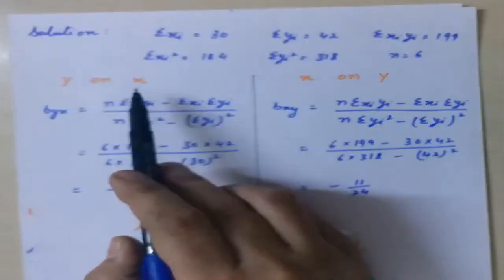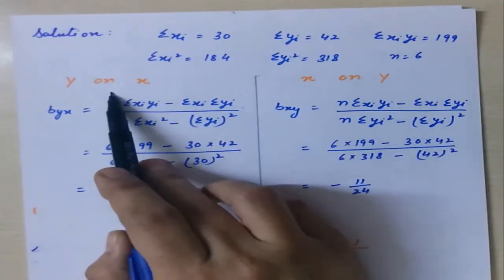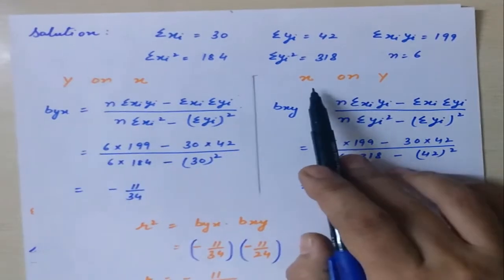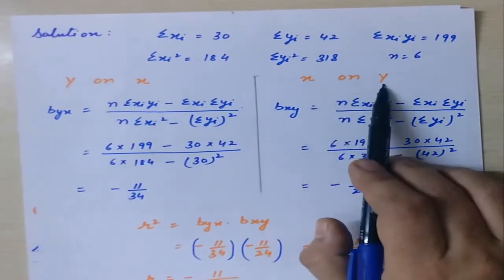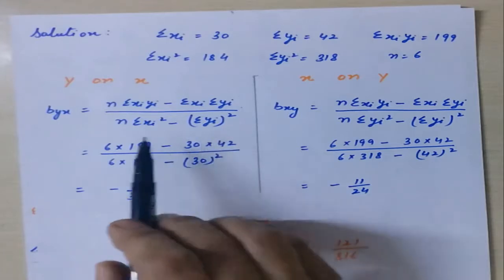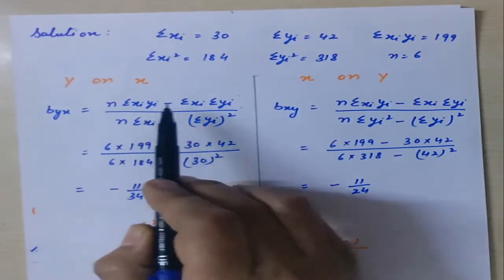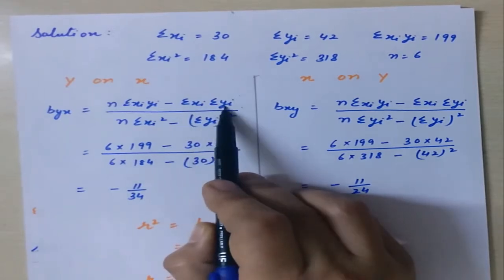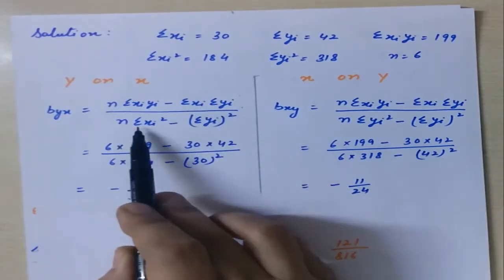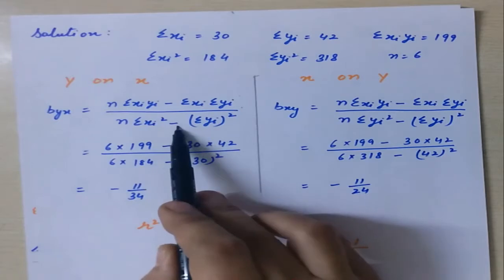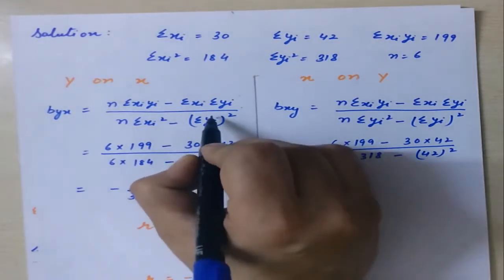First we will find the regression coefficient for y on x, then the regression coefficient for x on y, by applying the formula. The formula is: byx is n into sigma xi yi minus sigma xi into sigma yi, divided by n sigma xi square minus sigma xi whole square.